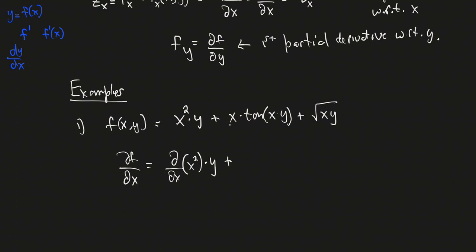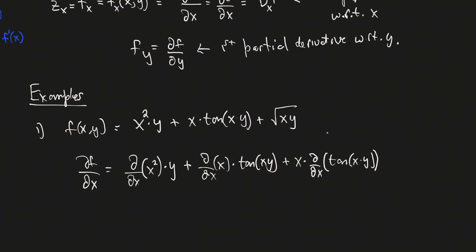So the product rule says, the way I like to do it, I like to take the partial derivative of the first times the second, so this is the tangent of xy, and then plus the first times now the partial derivative with respect to x of the second, which is our tangent of xy, right? And then we have to do this one.